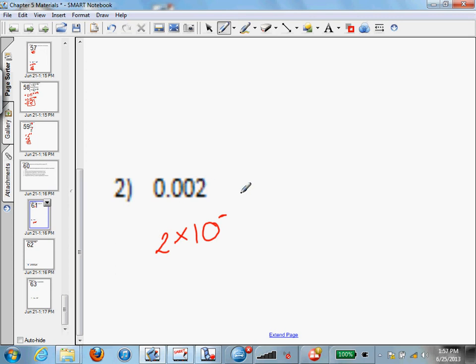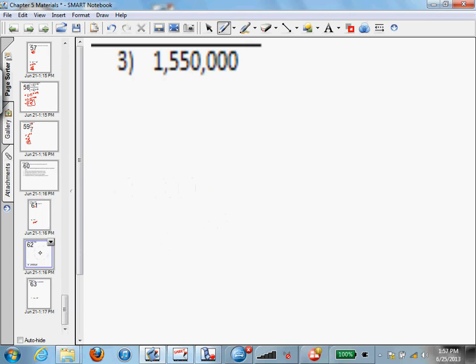So we have 1, 2, 3. So this would be the scientific notation for this number. That would be 2 thousandths place.